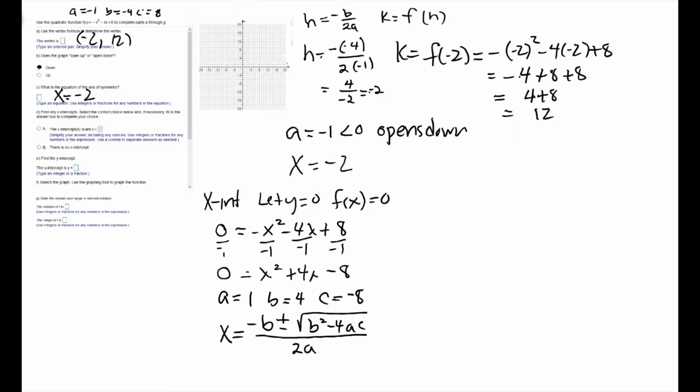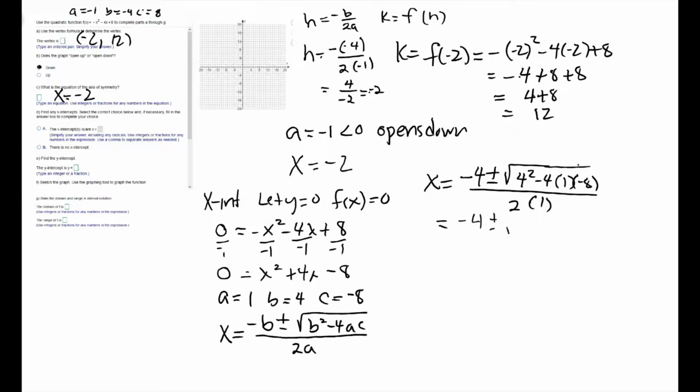So I'll substitute the a, b, and c into the formula to get negative 4 plus or minus the square root of 4 squared minus 4 times 1 times negative 8 all over 2 times 1. And I'm going to simplify following order of operations.